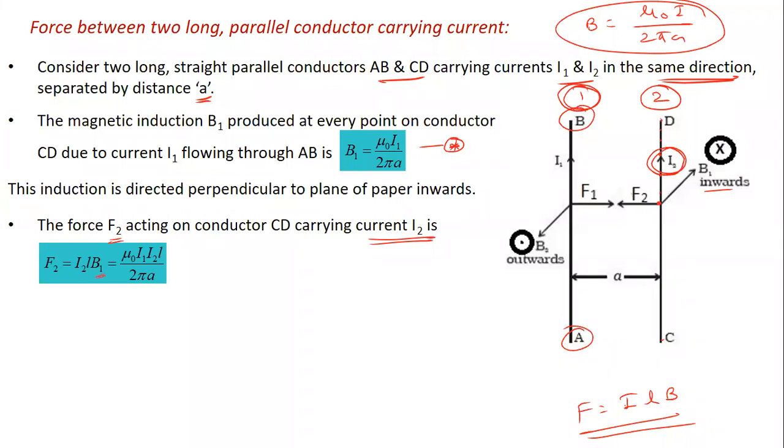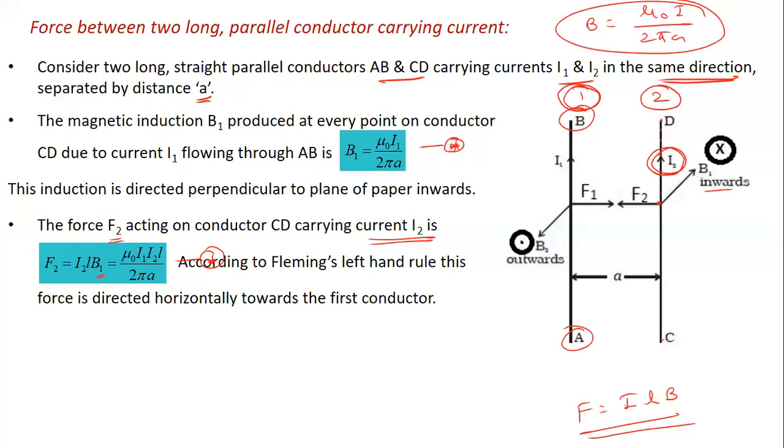B1 is mu 0 I1 divided by 2 pi A, and after substituting B1 we get F2 equal to mu 0 I1 I2 L divided by 2 pi A. So this is the force acting on conductor 2. According to Fleming's left-hand rule, the force is directed horizontally and towards the first conductor. You can see the direction of this F2 by Fleming's left-hand rule, towards conductor 1.